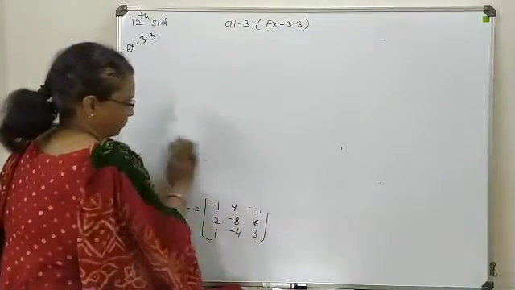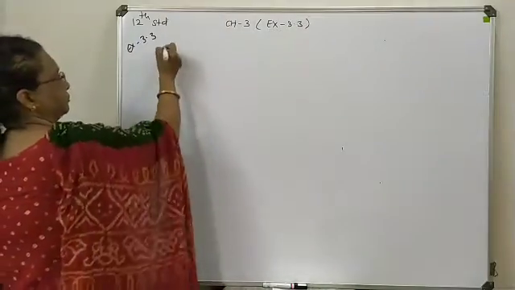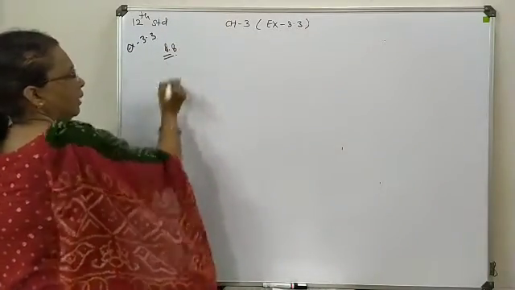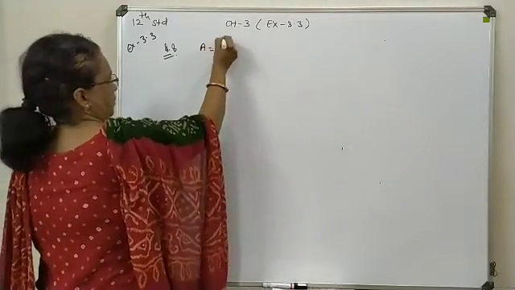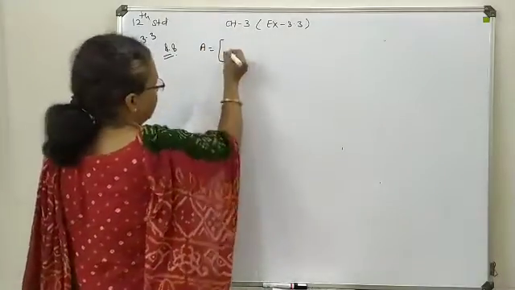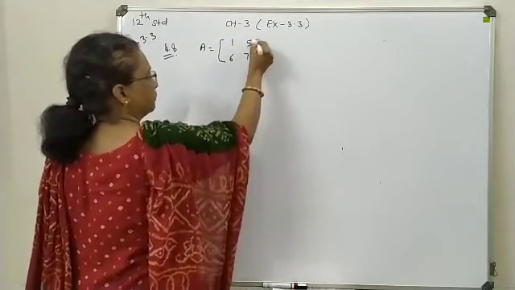Now here, in question number 8, the given matrix is A as 1, 6, 5, 7.